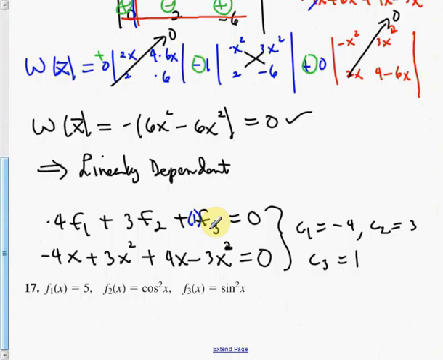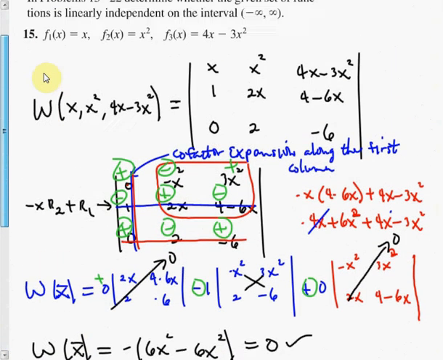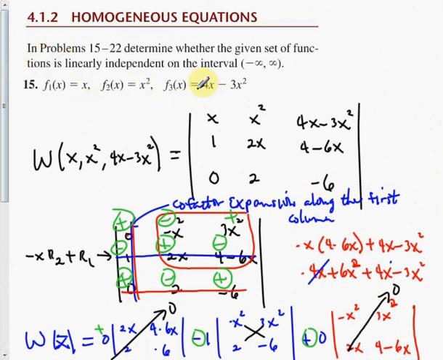Those were C1, C2, and C3. They came from looking at function number 3. Let me go back up and look at this. So here's function number 3, right? Here's function 1, here's function 2. Look at function 1.